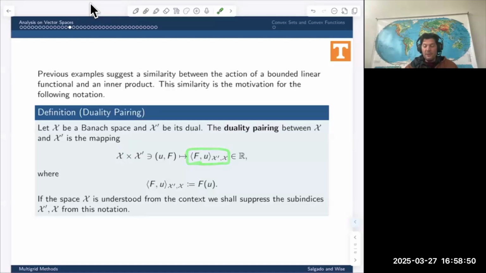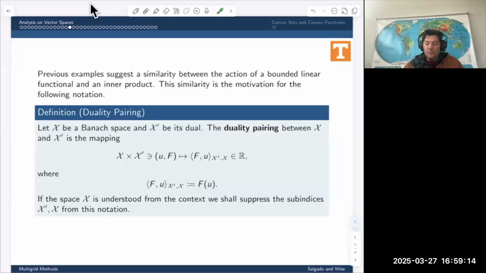This is used all the time in functional analysis. In some ways, I think it's caused a lot more confusion down the years than it's been worth. Why not just say it's f of u?